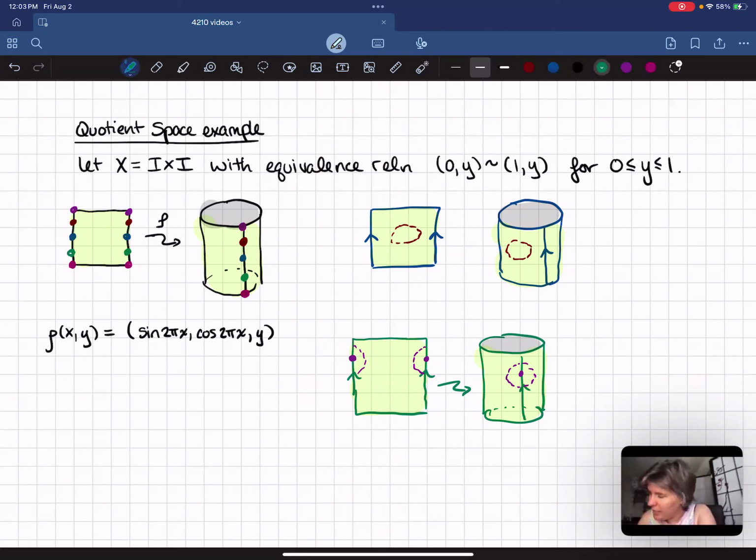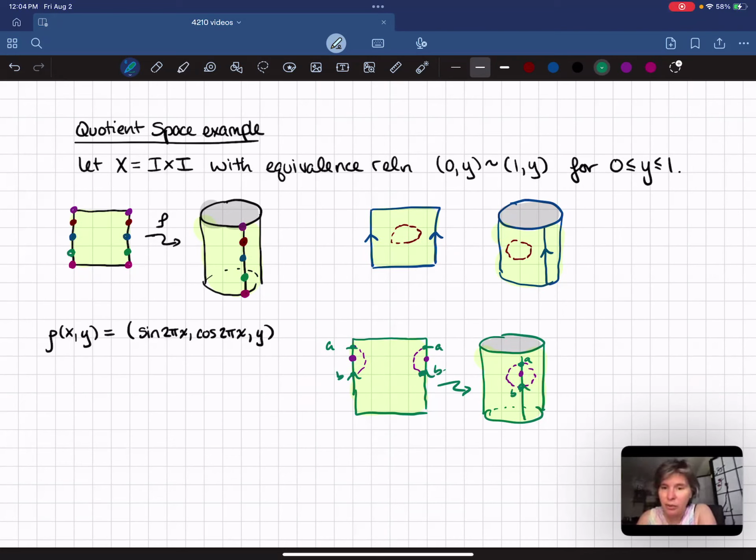And notice that these points need to match, because in the inverse image, this point and this point have to be equal, and this point and this point have to be equal, because they're coming from corresponding points over here.